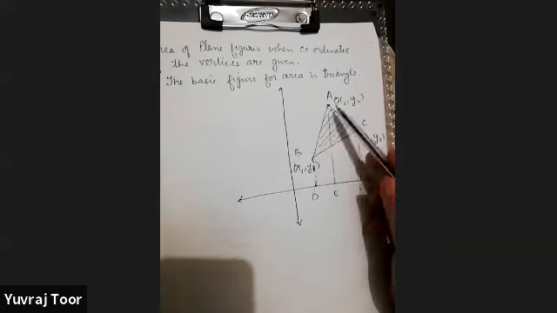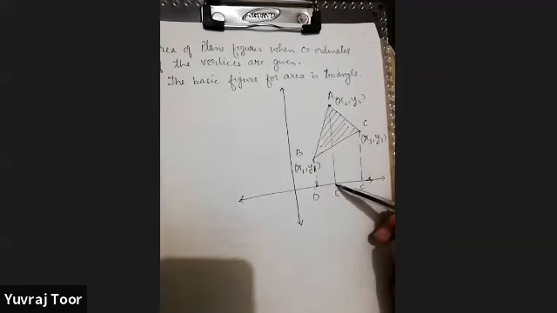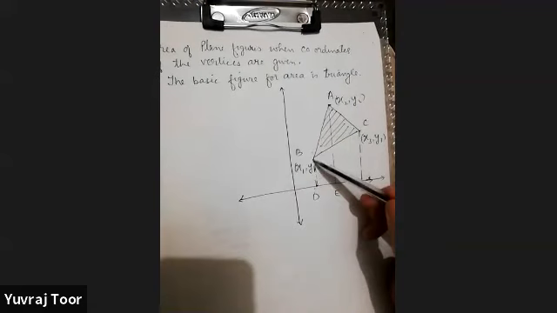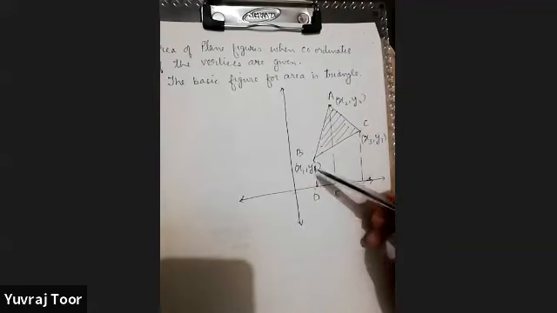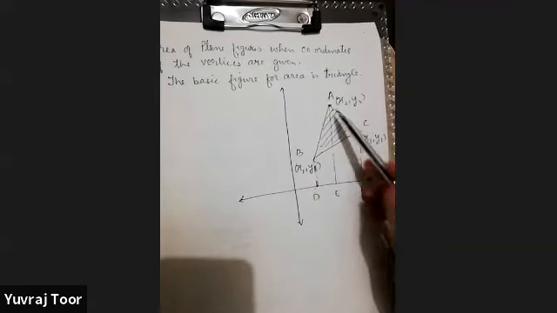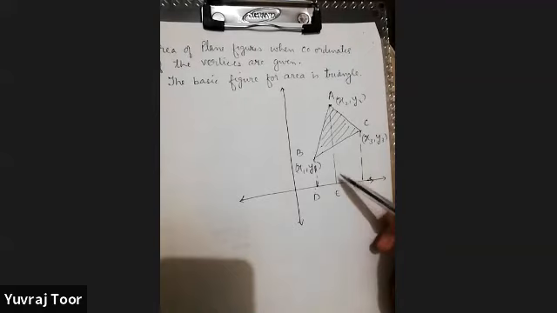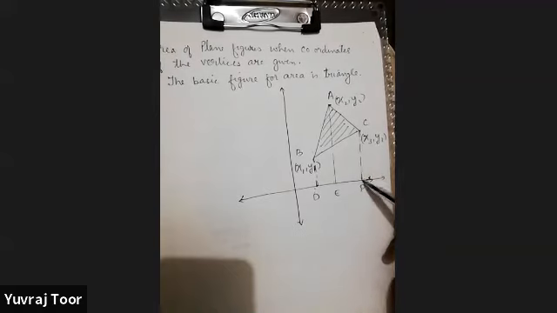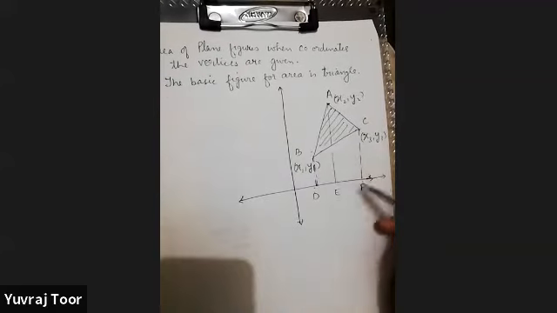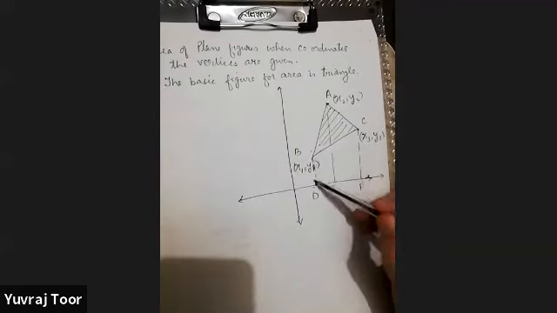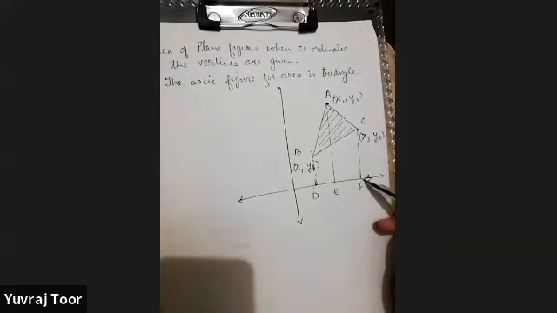But if you look at the trapezium, the height DE is along the x-axis, BD and AE, the parallel sides, are along the y-axis. So we can get the values of these and calculate. Similarly, we can get the value of these and calculate the area of the other trapezium. Same is BDFC. We have the vertical line and a horizontal line for the area.